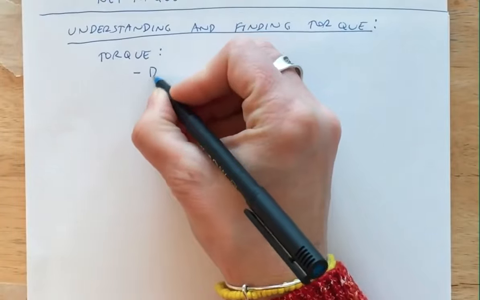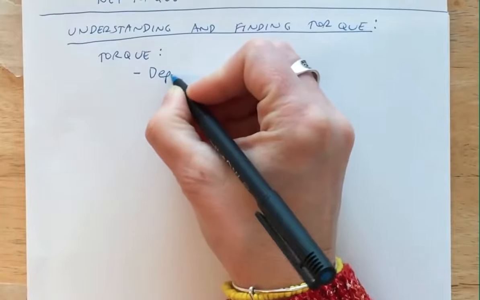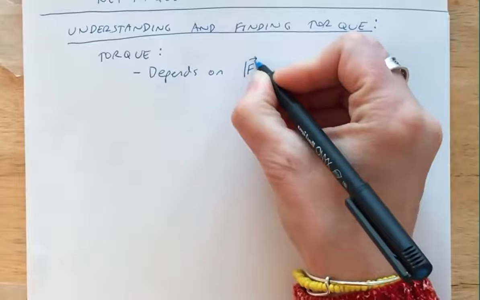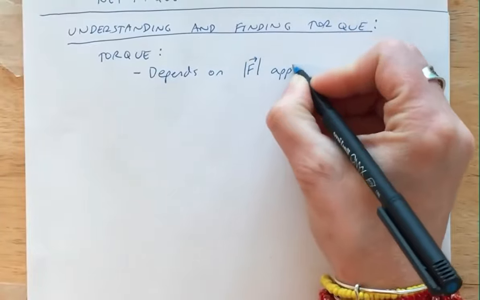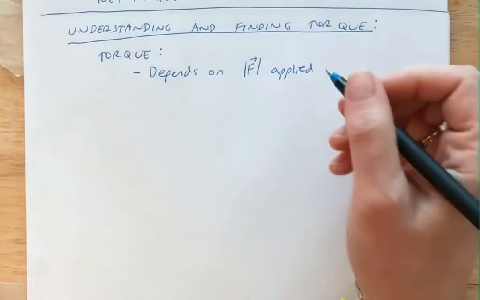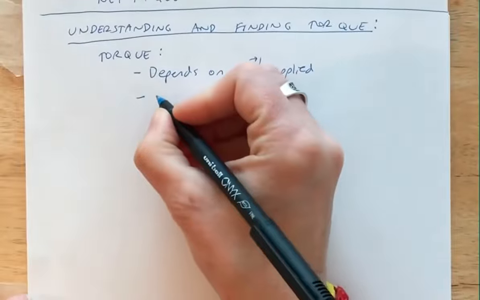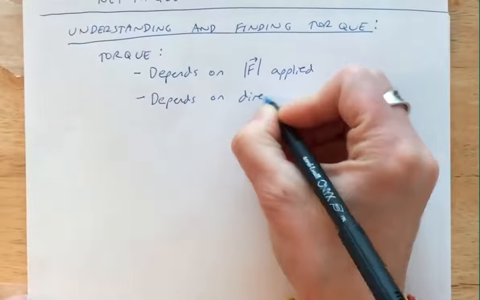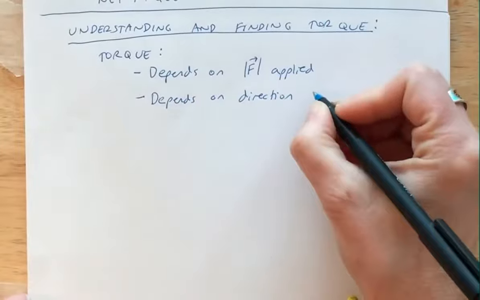So first, the torque is going to depend on the magnitude of the force applied. A larger force would be a larger torque. But it's not just that, it also depends on the direction the force is applied.